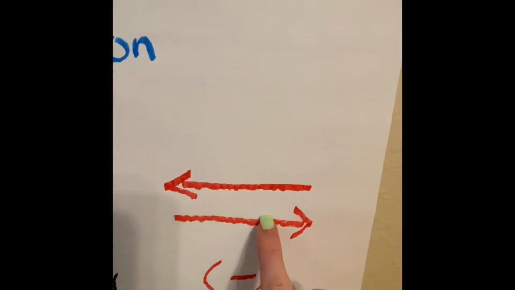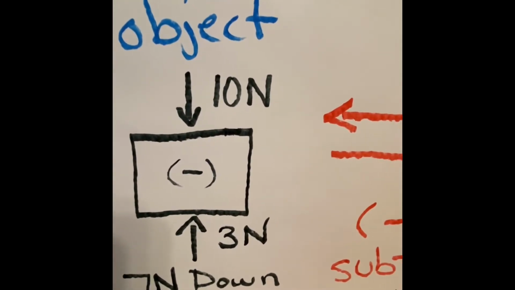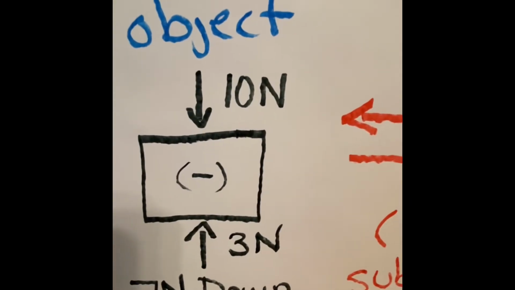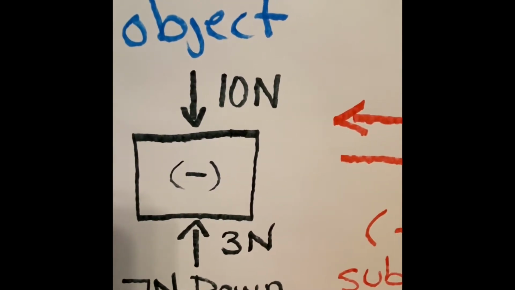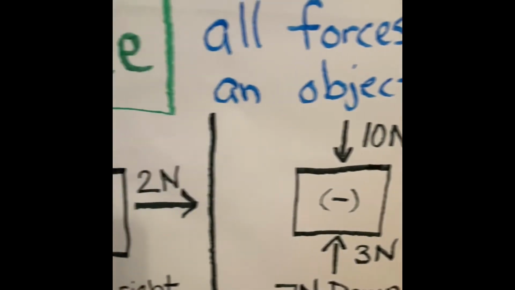If my arrows are going in opposite directions from each other, we must subtract those forces. Here's a key thing: we measure a unit of force in newtons. That's why you keep seeing this unit N in every assignment. N is a Newton, a measurement of force.